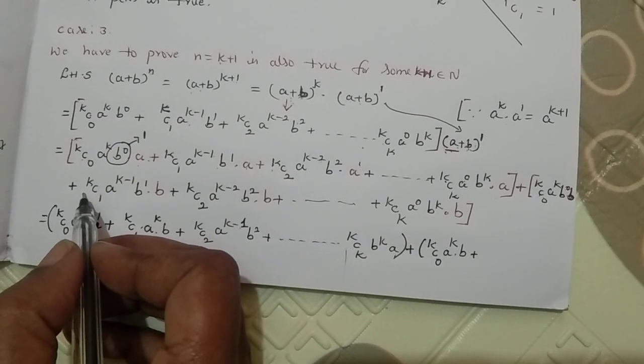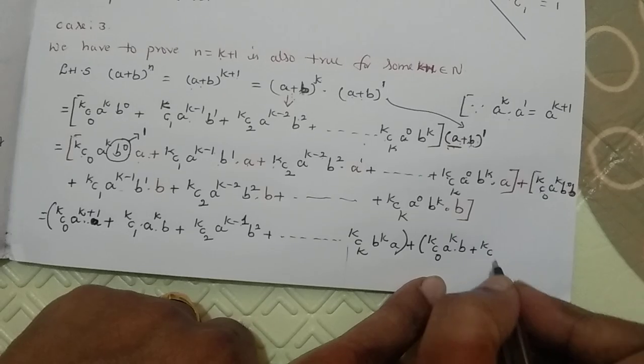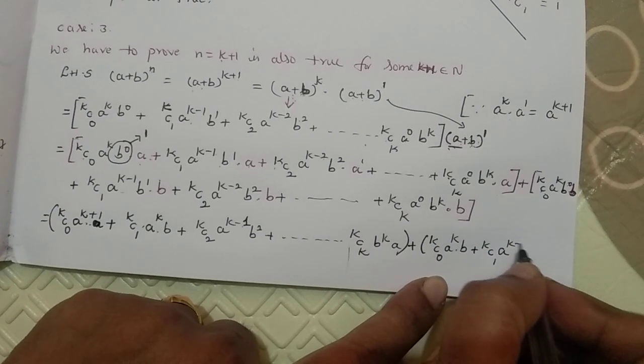Plus, continuation step: kc1 a to the power k minus 1.